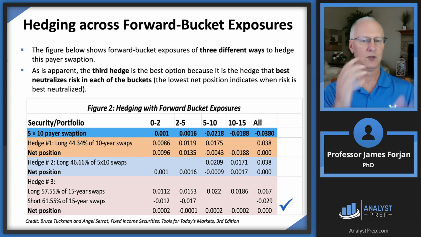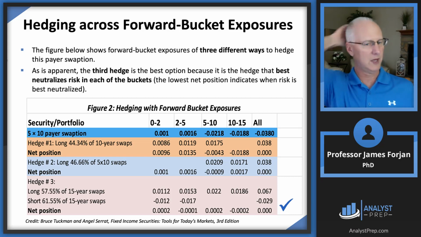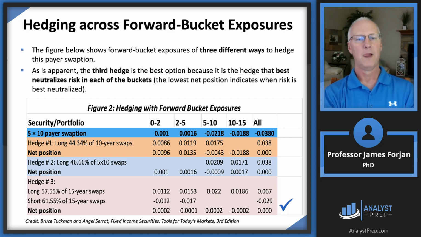All right, so forget about all the numbers on the right. Let's just make sure you see what's going on in the left-hand column. In the dark blue at the top, there's the 5x10 pair swaption, and there are those forward bucket exposures. That's from the previous slide. Then underneath it I've got hedge 1, hedge 2, and hedge 3. So these are 3 different hedges. There's nothing really interesting about these hedges. You could come up with hedge 4 and hedge 5 and hedge 29 if you wanted to. But let's suppose we're going to use in hedge 1 the 10-year swap.